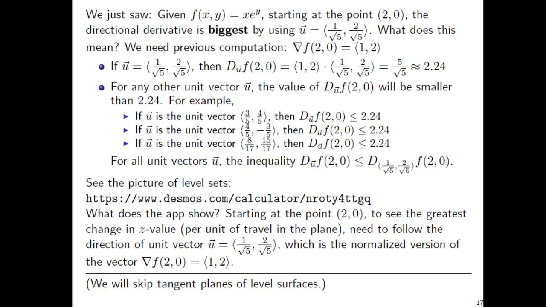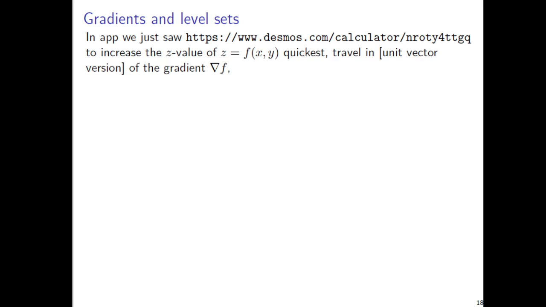Just as a quick note, we are going to skip talking about tangent planes of level surfaces. Let's take a look in the app we just saw. It is linked here again. To increase the z value as quickly as possible, you should travel in the direction of the gradient vector, at least the unit vector version of that for you, right?